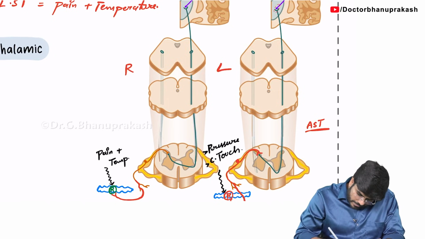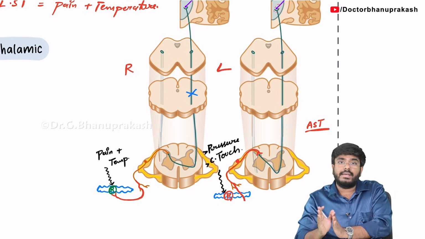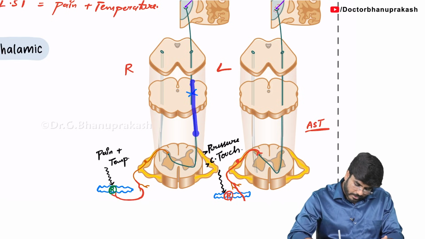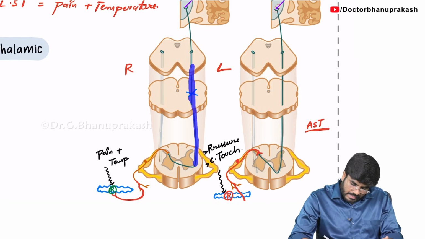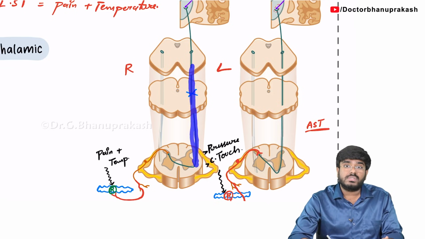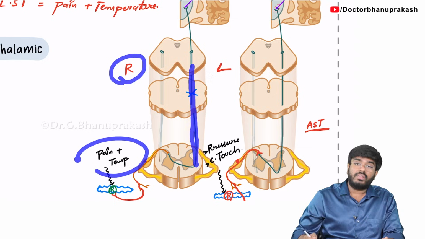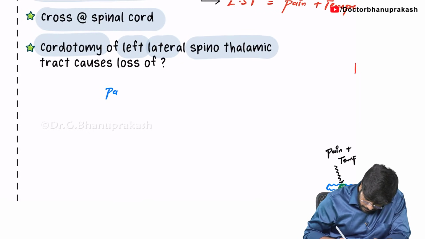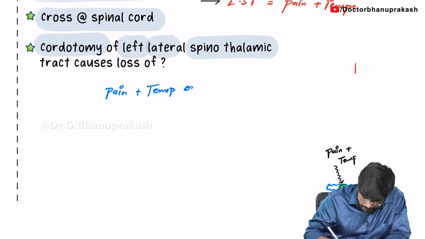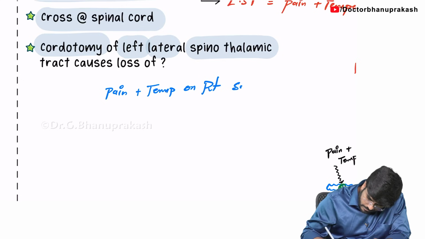Sir, it is the left-sided lateral spinothalamic. If you cut this lateral spinothalamic, the person is going to lose sensations on the right side of the body. Which sensations are lost? Pain and temperature. So there is loss of pain and temperature on the right side of the body.